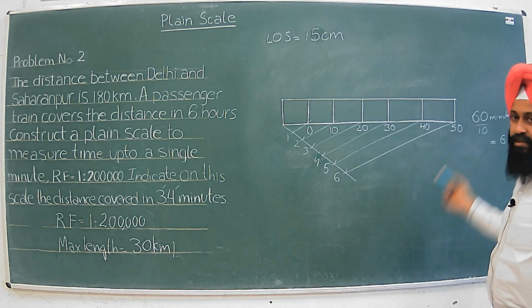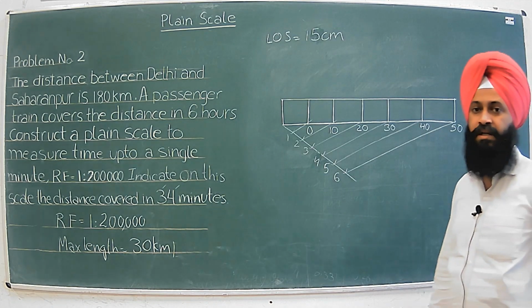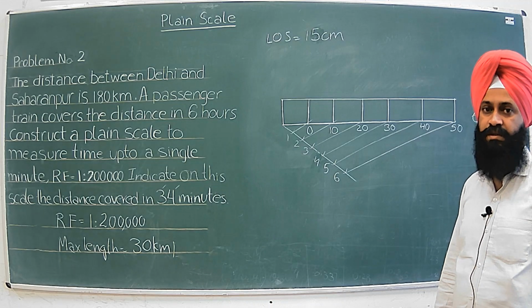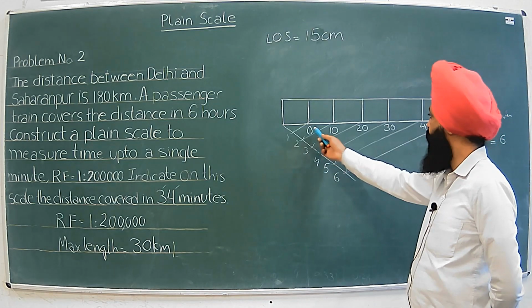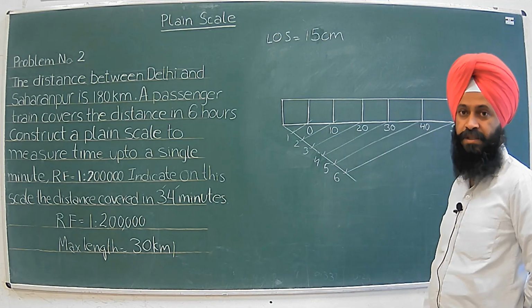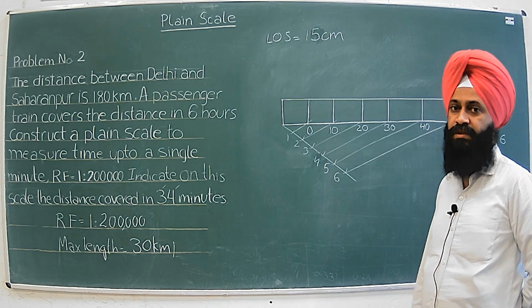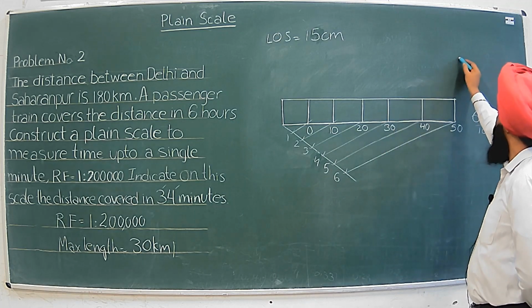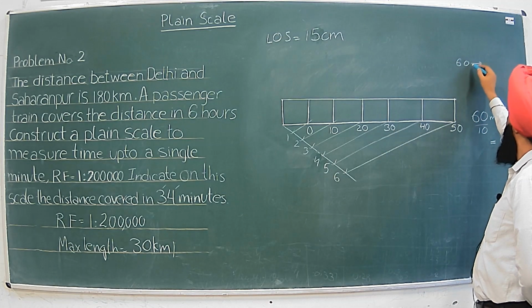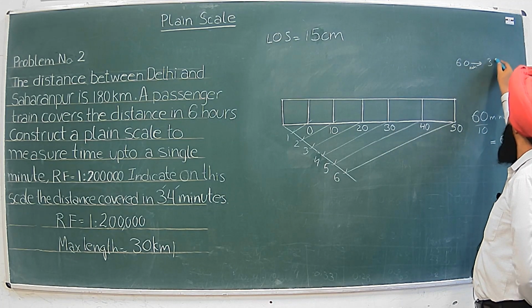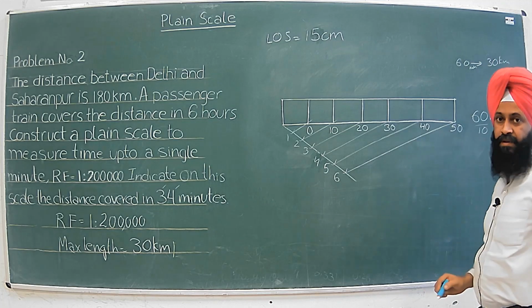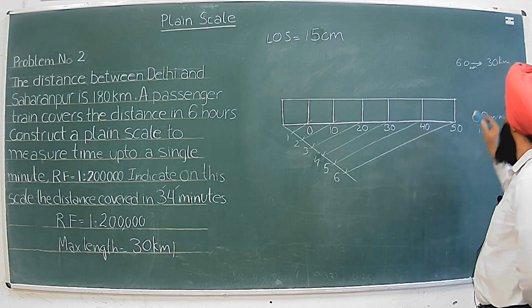Besides measuring minutes, this is also measuring a distance of 30 kilometers. We have divided into 6 equal parts, so each part is representing 5 kilometers, because in 60 minutes the distance covered is 30 kilometers, by the given relation.